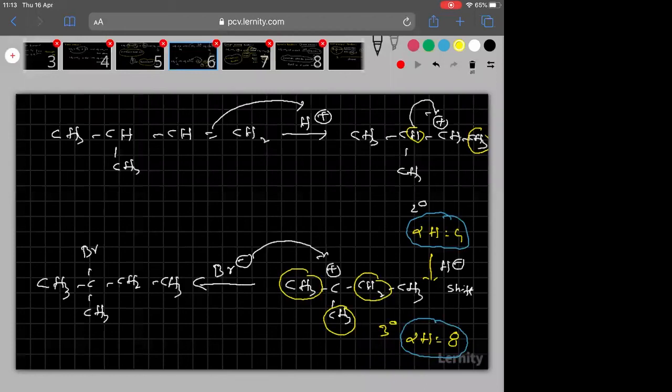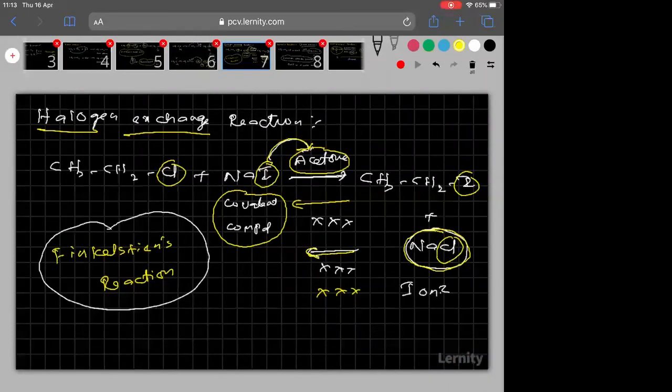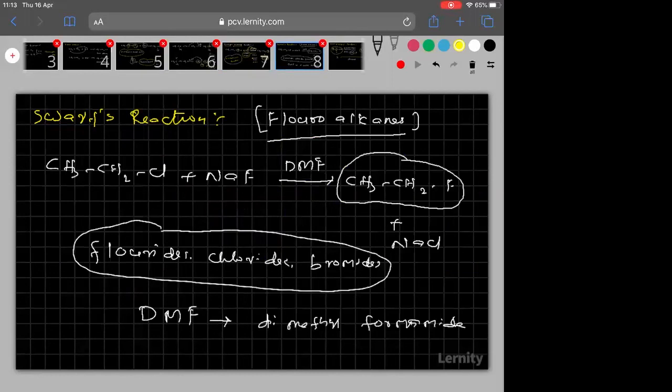Let me move to the next slide. This one, halogen exchange reaction, also called Finkelstein's reaction. Then after, Schwarz reaction, exclusively used for fluoroalkanes.